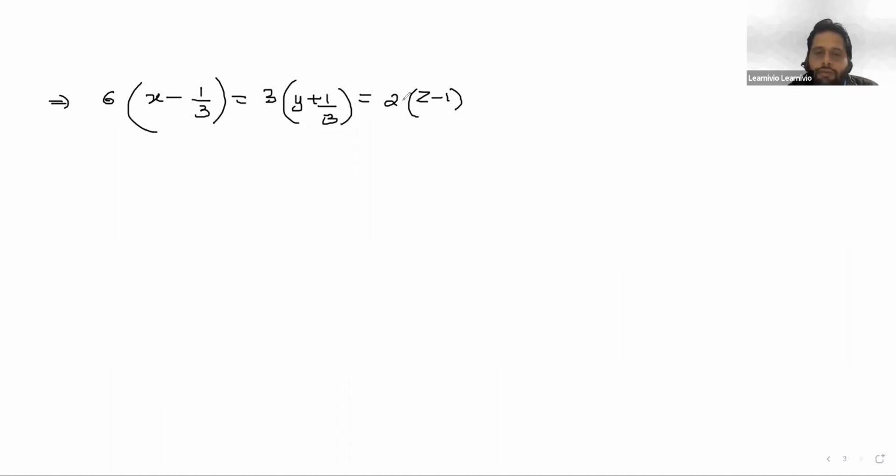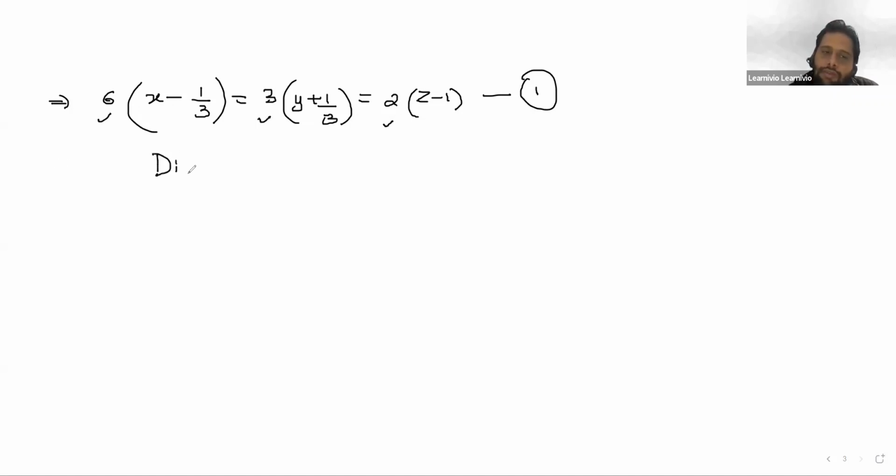Zev and Saf, please tell me with what number we will divide this complete equation so that these numbers get cancelled out. 6. Very good. Whatever the numbers you have here, take the LCM of these numbers. Please do not use the hit and trial method. Take the LCM of 2, 3, 6, which will be 6.